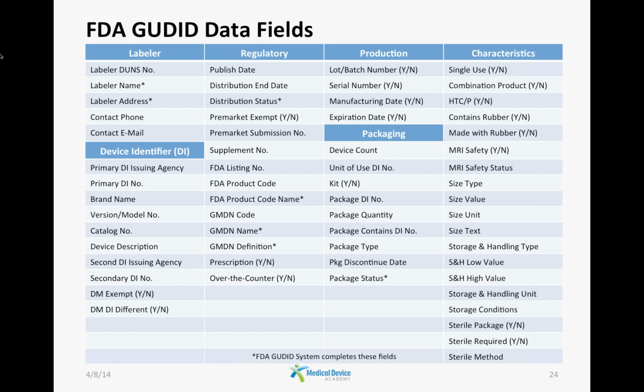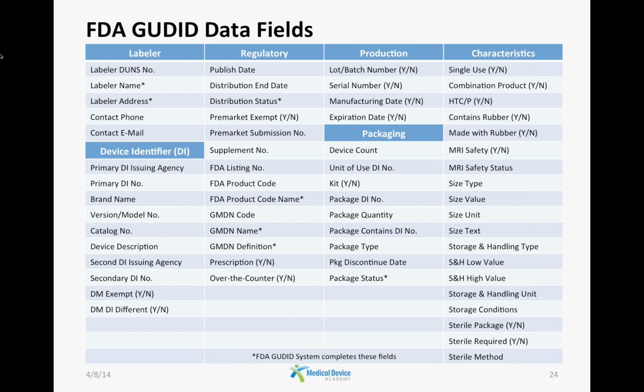The GUDID also has controlled vocabulary and built-in business rules that will continually check what is inputted. Controlled vocabulary are DUNS number, GMDN code, and FDA product codes.